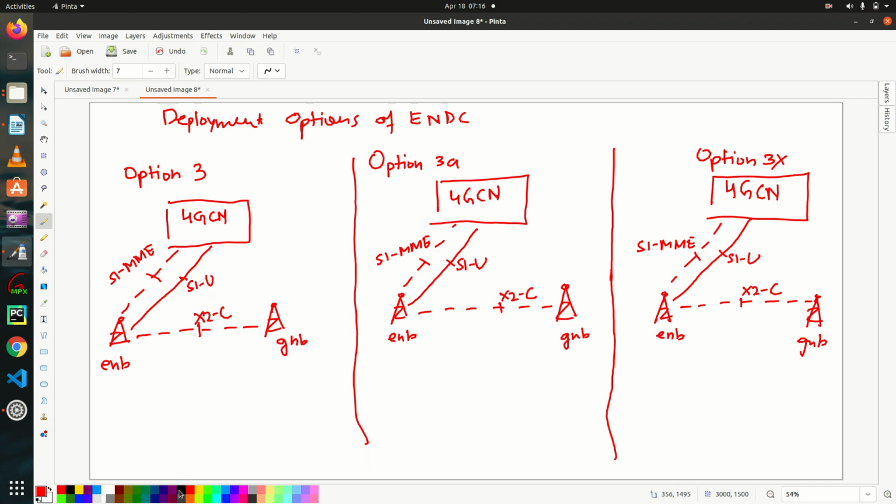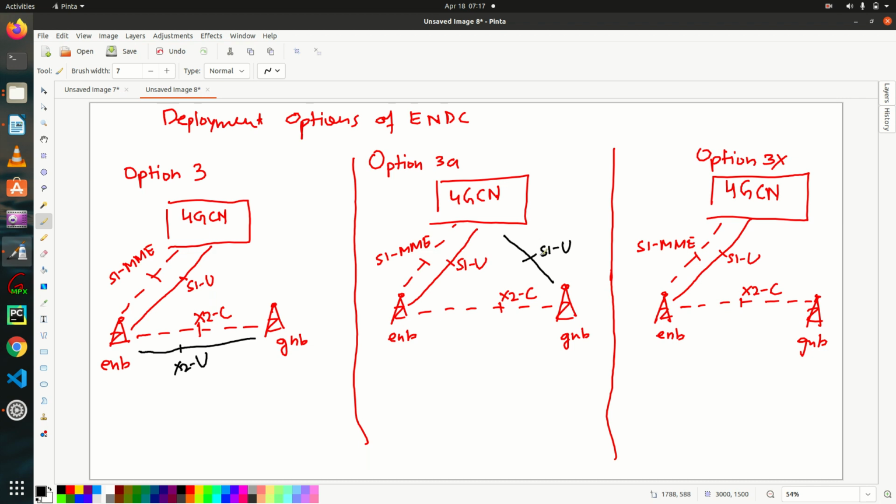Now let's come to the differences. In option 3, X2U will be there, whereas in option 3A, S1U between the 4G core node and gNode B will be there. Remember, it's not a control plane interface, it's a user plane interface.